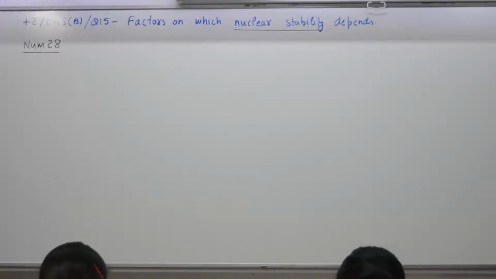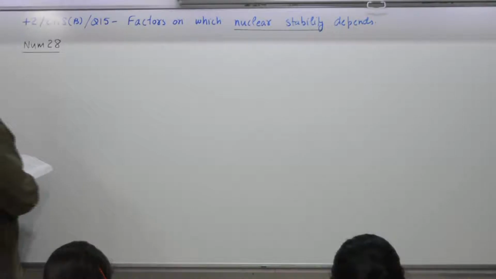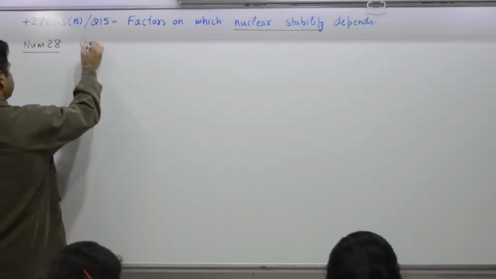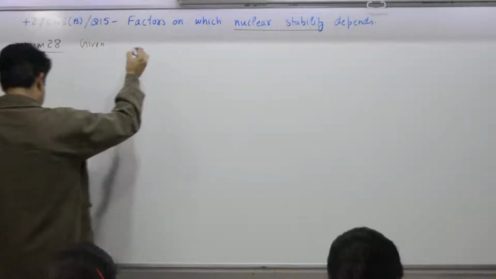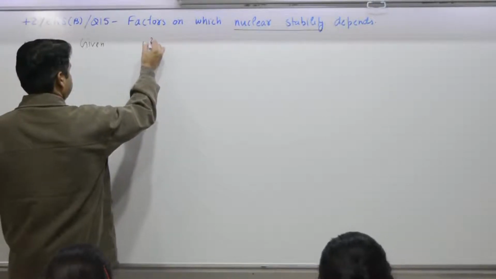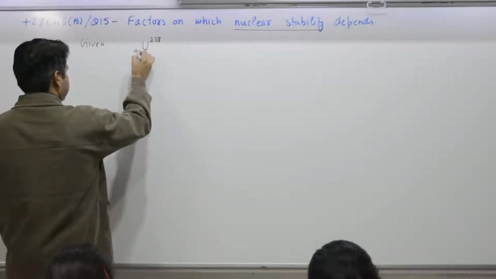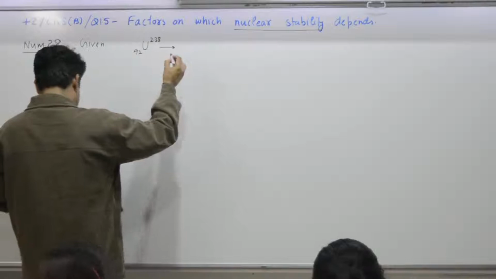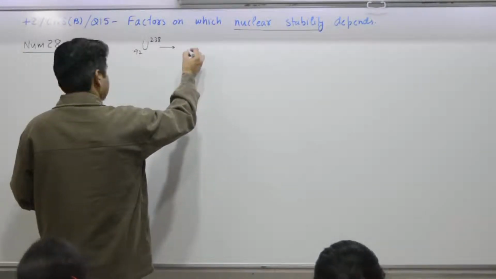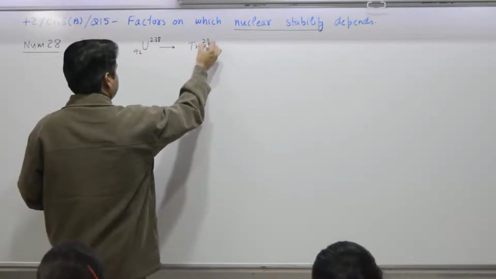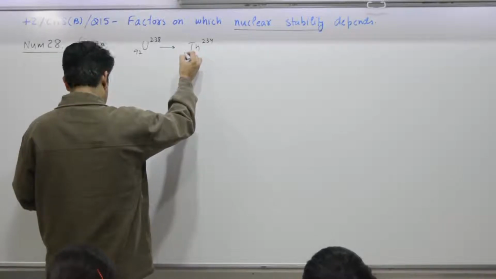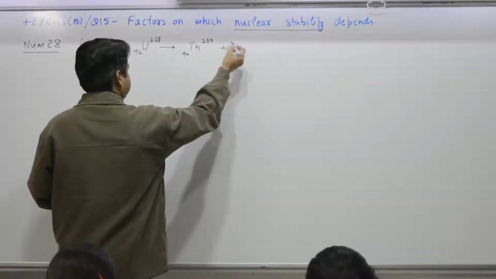What are the radiations emitted in these 5 steps? So what is given? Uranium 238 changes to thorium 234, 90, plus something we don't know what it is.